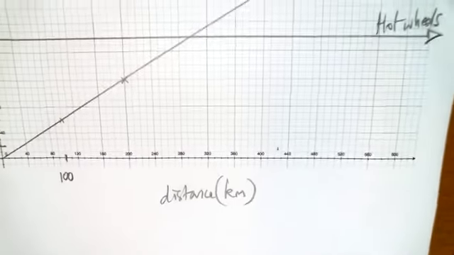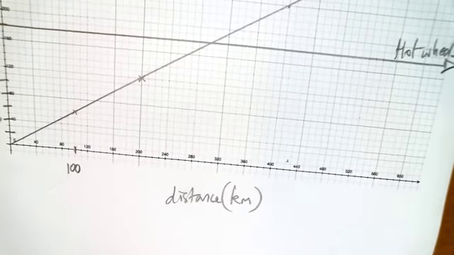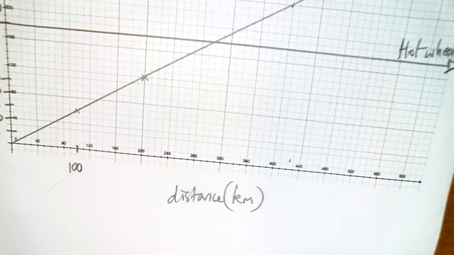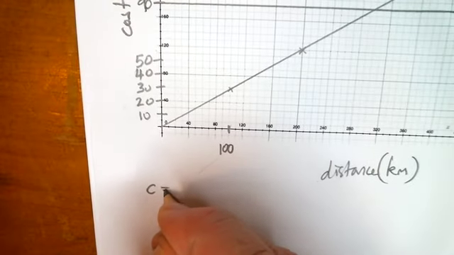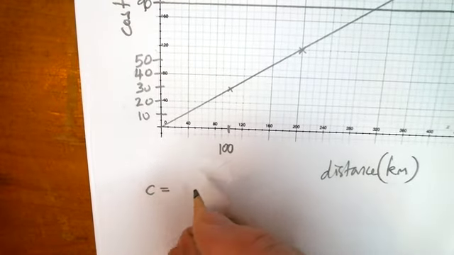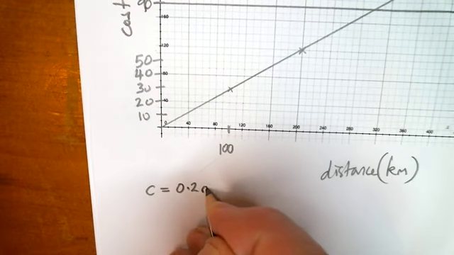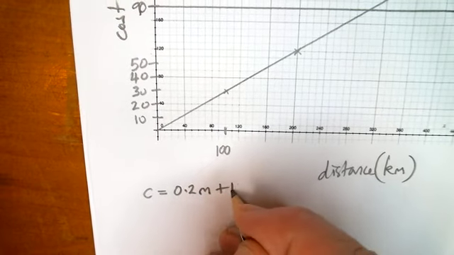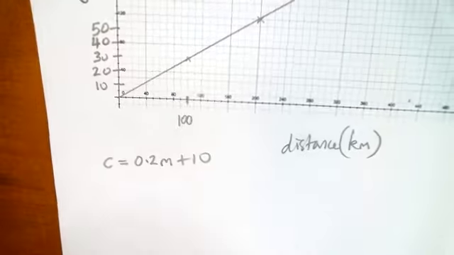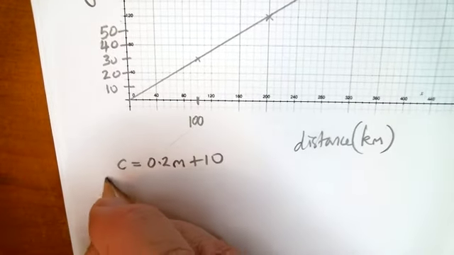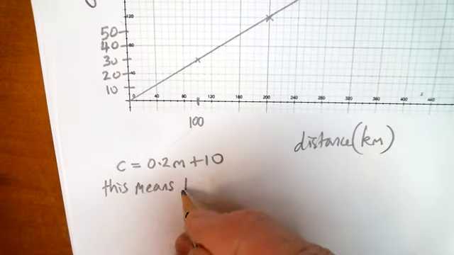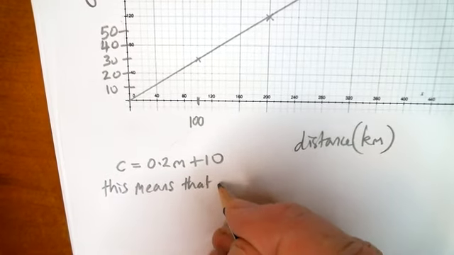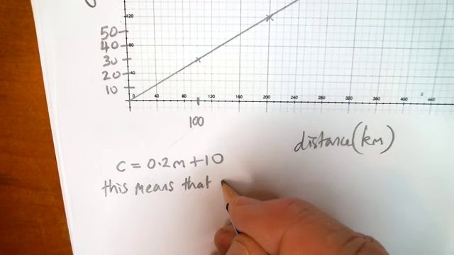And the final one, for which we're going to need, I think, some kind of a table, has an equation of C. I'll write this out. C is equal to, and I can write it as 0.2 m plus 10. And this is for Cute Cars.